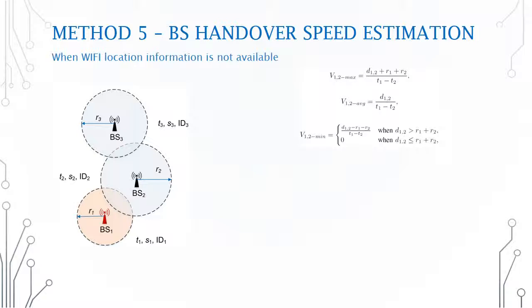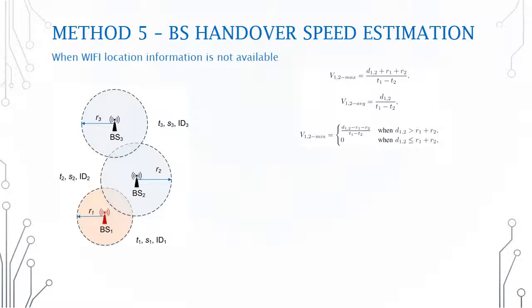And when the user report is generated, we have this time information for each of the base station locations and how long the user was in that base station. So with this, we'll be able to determine the handover speed estimation: a max estimate, average estimate, and min estimate.